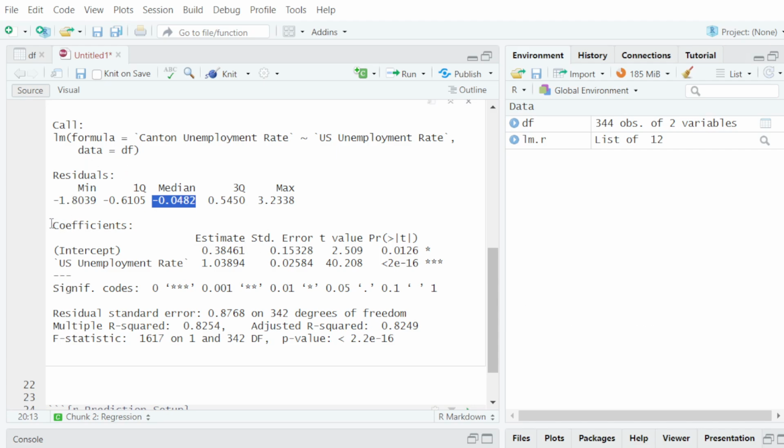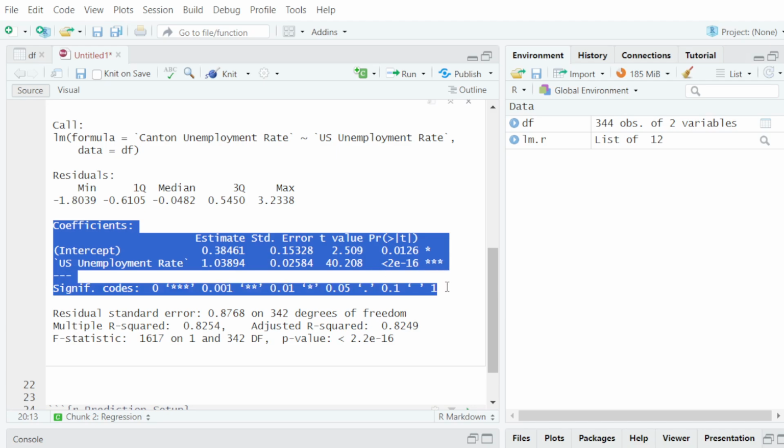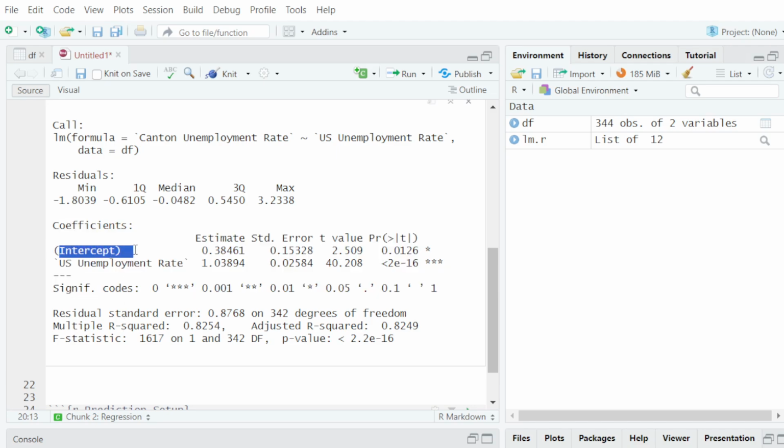The next part is this coefficients table. For the coefficients table, you have your list of coefficients. One is the intercept. If you think in terms of a linear equation, the intercept is, if x equals 0, what is y equal to? And in this case, the estimate for that is 0.38461. The next thing would be the US unemployment rate.